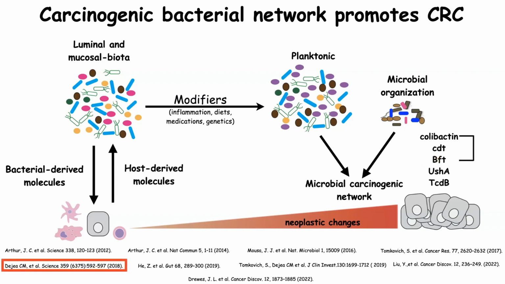That has been shown in a Science paper by Cynthia Sears at Johns Hopkins University: if you delete one of these toxins, you have fewer tumors than with a single toxin. So they synergize together. It's a soup, if you may say, of toxins that may promote cancer.